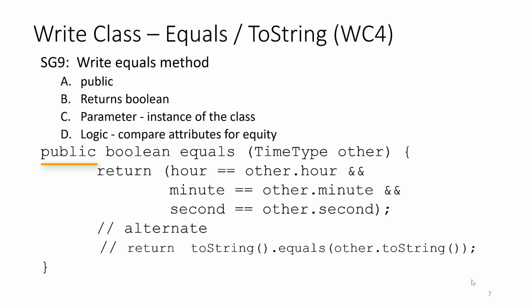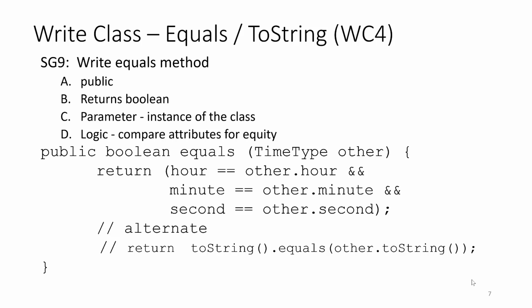It is public, it returns a Boolean, and the method name is equals. The parameter is an instance of the TimeType class, which we have called other. The logic is to look at the hour of this instance and compare it to the hour of the other instance.